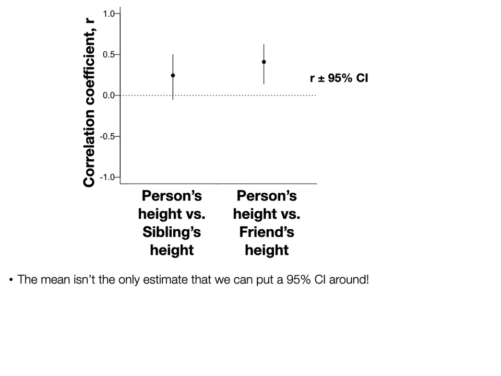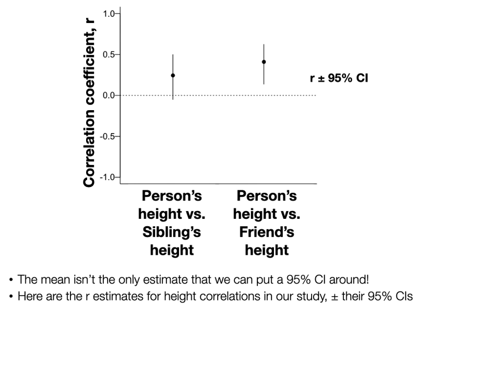So I just want to highlight how useful this is. We practiced calculating 95% confidence intervals on the mean of a numerical sample, but confidence intervals can be used for lots of other statistics, such as R. And that's what we're showing here.